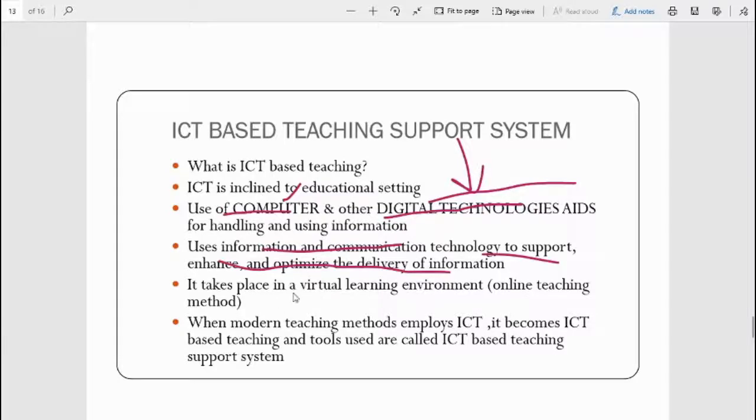It takes place in a virtual learning environment like the online teaching method, but under modern it can be in offline mode also, because you can use projectors in the classroom, and that is offline mode of teaching. So ICT is exclusively an online teaching method, but modern teaching can also take place in offline mode. When the modern teaching method employs ICT, it becomes ICT based teaching, and the tools used are the ICT based teaching support system. But the environment should be virtual. You should remember this.